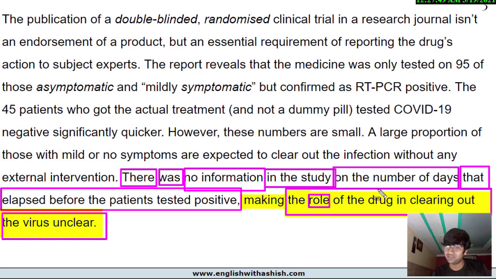So of the drug, prepositional phrase: of, definite article, noun. Drug in what matter? In clearing out what? The virus unclear. So clearing out, verb. Clearing out what? The virus, object. Unclear, object complement.